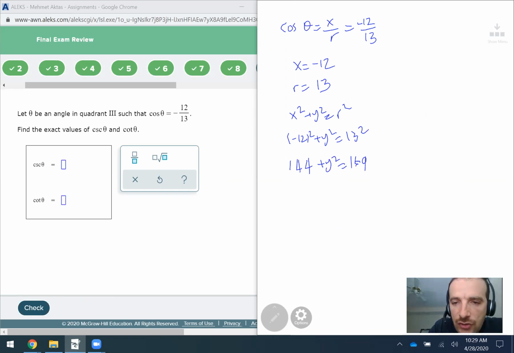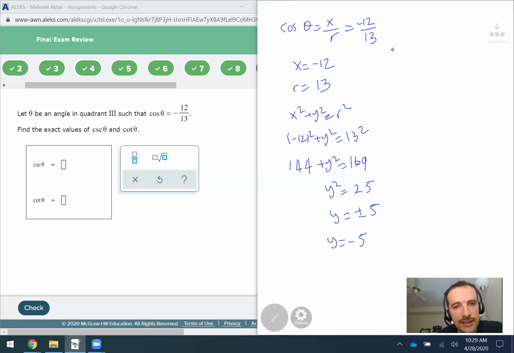So y squared is equal to 25. Y is equal to, again, plus or minus 5, right? But which one? To decide which one, the critical information is the quadrant, right? It's quadrant 3. And on quadrant 3, remember the y should be negative. So y is also a negative number. Y is negative 5. Great.